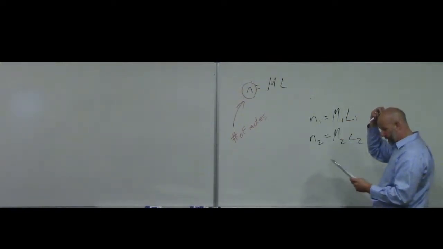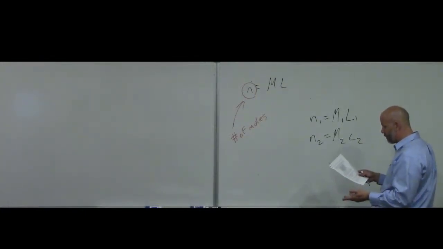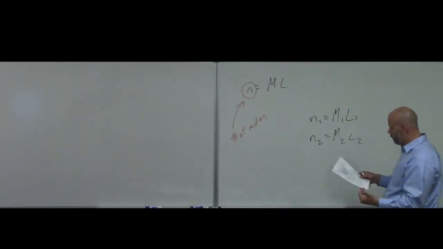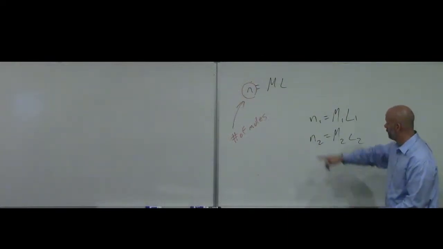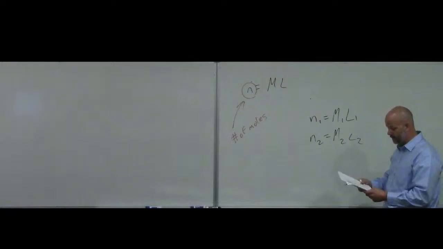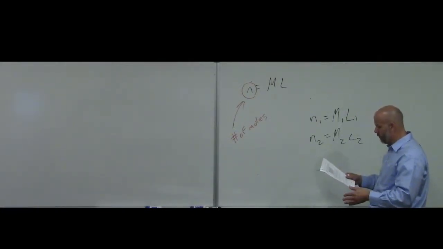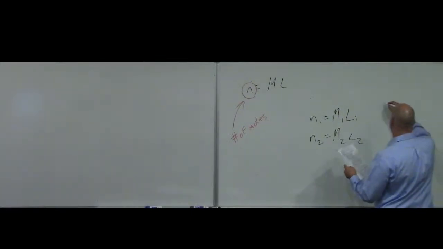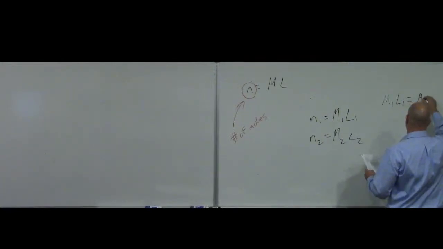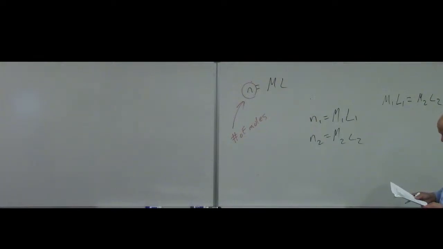The subscripts 1 and 2 refer to solutions before and after dilution respectively. Since the dilution process does not change the amount of solute in the solution, then n1 equals n2. That makes sense, right? These other numbers may change, but the number of moles will not. Thus, these equations may be set equal to one another. So you can say that M1 L1 equals M2 L2. Fair enough?